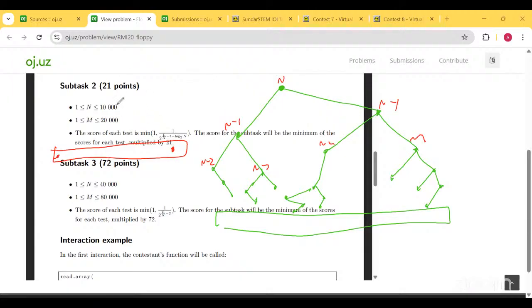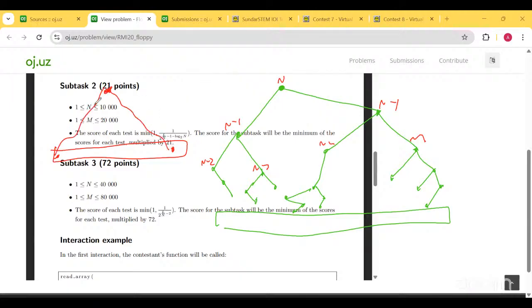Because the LCA is always between this and this. The LCA is never here, right? If both of them are less than this, then the LCA should be in the other node, not this. The LCA should be the root of the subtree, right? So it means the LCA is always here.